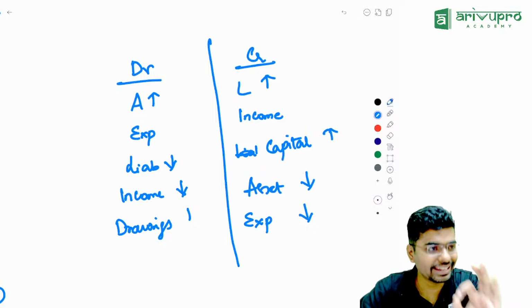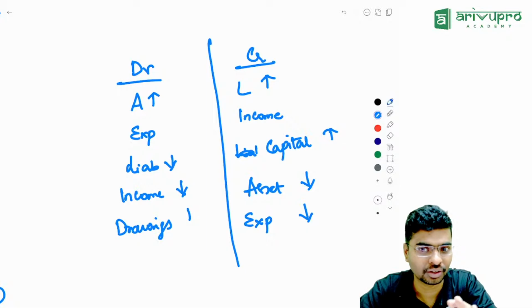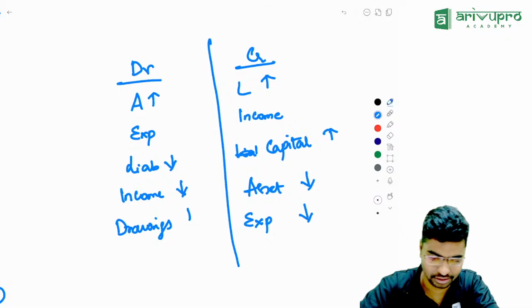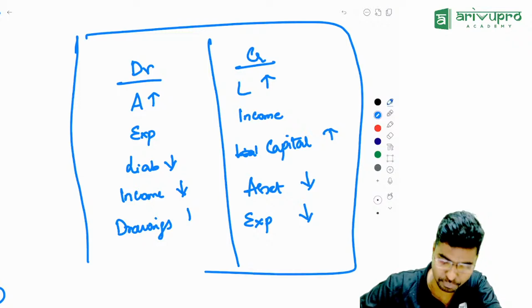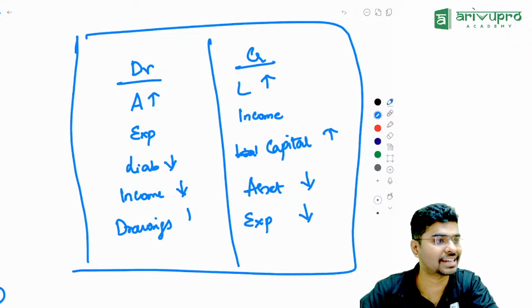Now, anything which is an adjustment, I will try to just fit into one debit and one credit. If I can apply this properly for adjustments, my balance sheet will always tally.